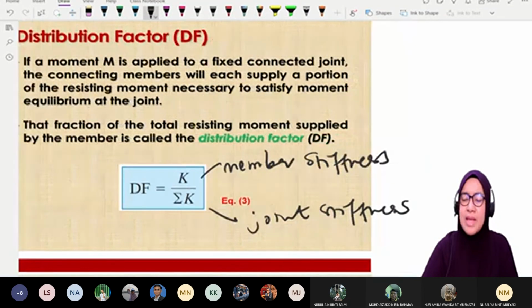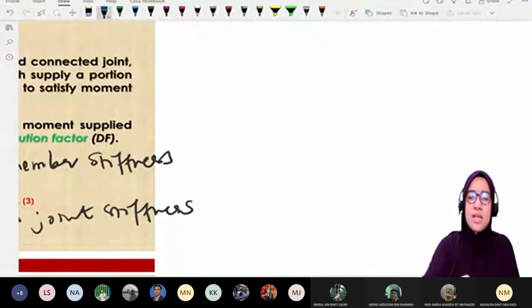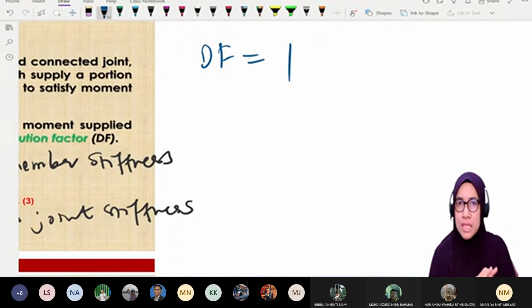And DF, this DF is always equivalent to 1 total.